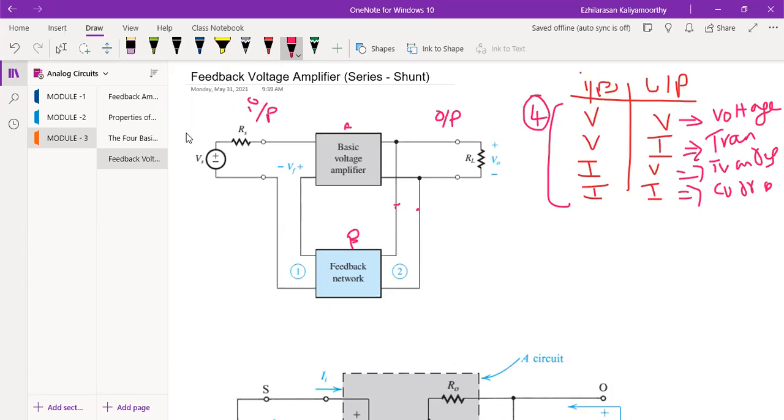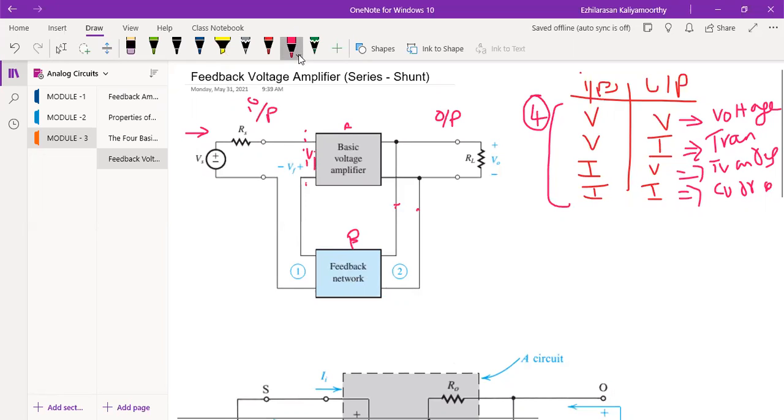Always you can think this input is nothing but a voltage, and here also it is voltage. We are giving that same voltage to the feedback network, but what must it generate? Because the input is voltage only, it must generate voltage only. So this feedback network also will generate voltage only. Then only I'll get the feedback voltage as VF. So finally, in between here we'll have VI.